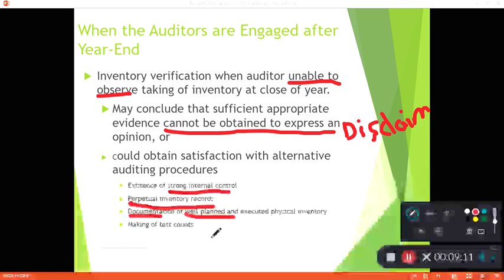And then lastly, we can do some test counts to make sure, for example, their perpetual inventory records line up with those test counts, then we feel more confident that the ending balance was accurate, because again, assuming that they have perpetual inventory records, it means that at any point in time they can tell me how much they should have of a certain item. I can go and do a test count or a set of test counts, and then I can feel more comfortable at that point. Okay, so it's not impossible to get comfort if you couldn't observe the inventory count yourself as the auditor, but it's going to take more conditions for that to be the case.